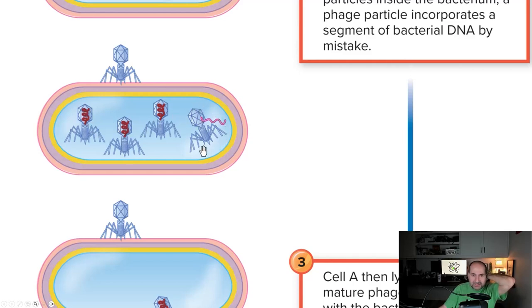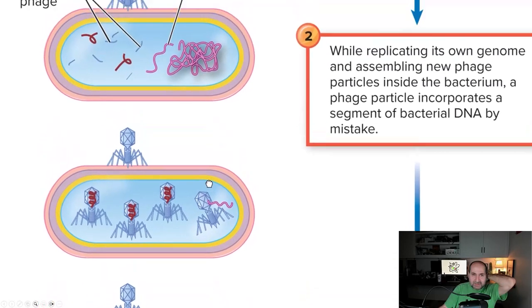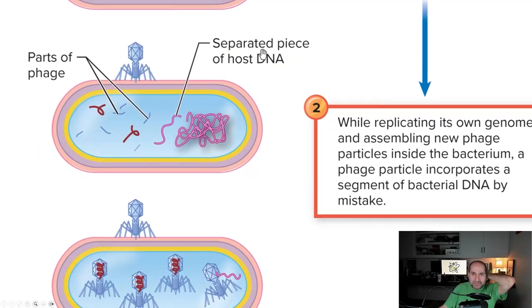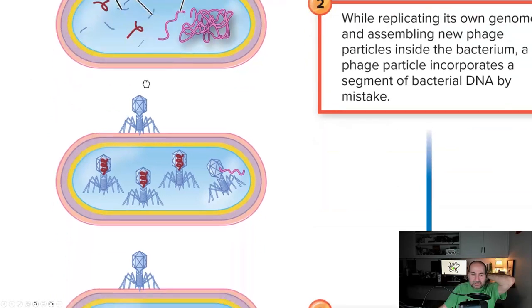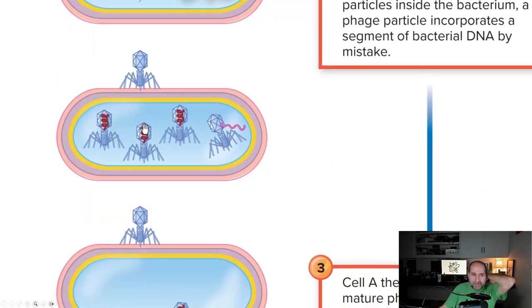When new viruses are formed inside of this host cell, packaged inside should be viral DNA. But look at this guy on the right. He's accidentally going to package some of that separated piece of host DNA. See? So viruses should package viral DNA inside, but this guy accidentally packages host DNA inside.